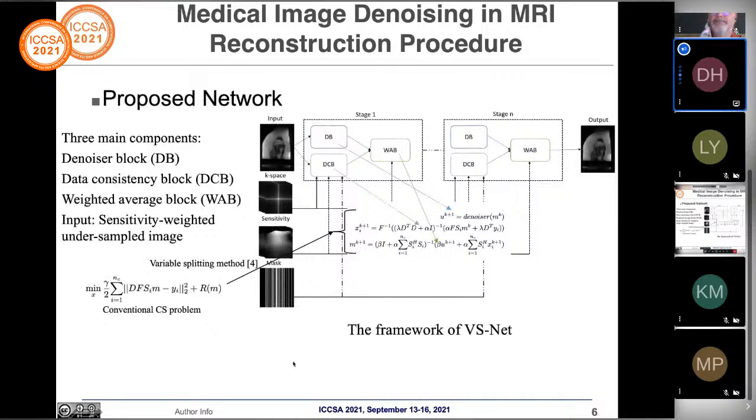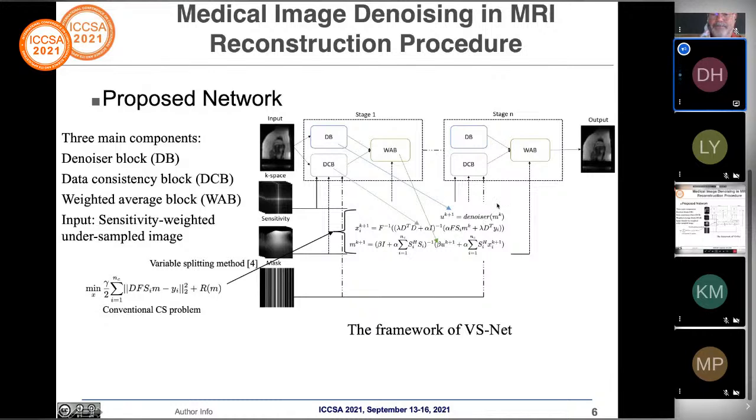We start from the conventional processing problem with this equation. We also apply the variable splitting method in this paper, and we can break down this optimization problem into 3 different parts. The first part on top is a denoise part.